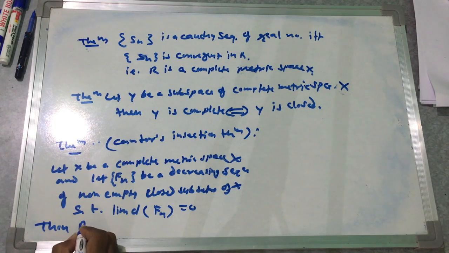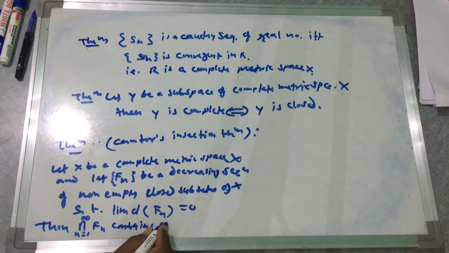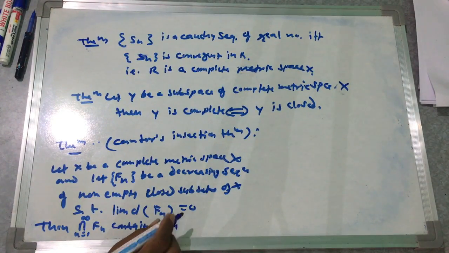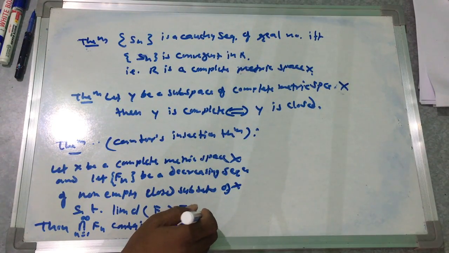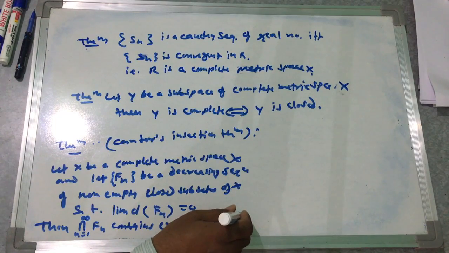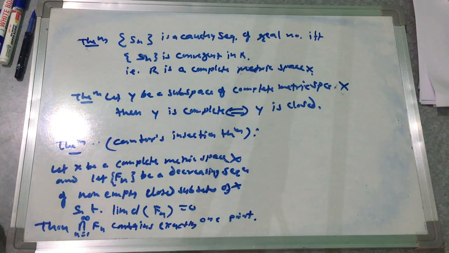Then the intersection of Fn, n equal to 1 to infinity, contains exactly 1 point.